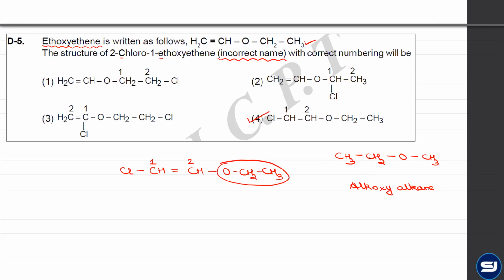More carbons. Bas. So the more carbon becomes the parent, this is ethane, and the lesser carbon will become alkoxy. What will be the name? Methoxyethane. That is the name.